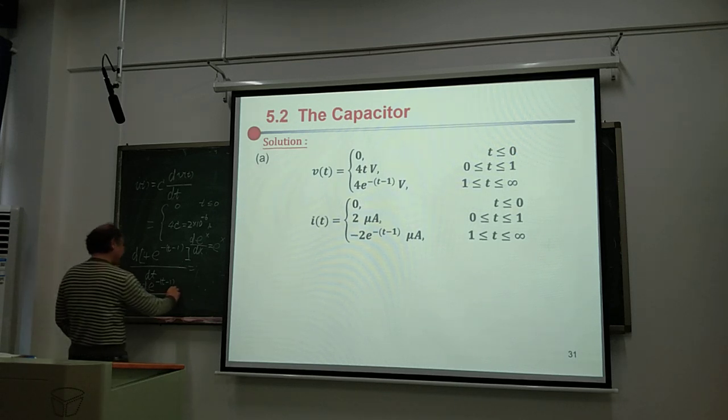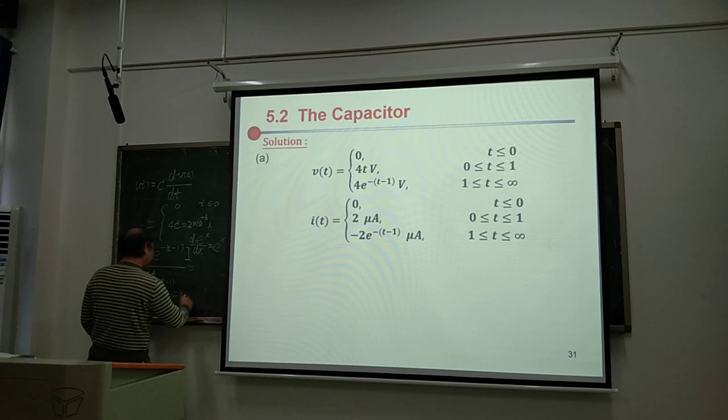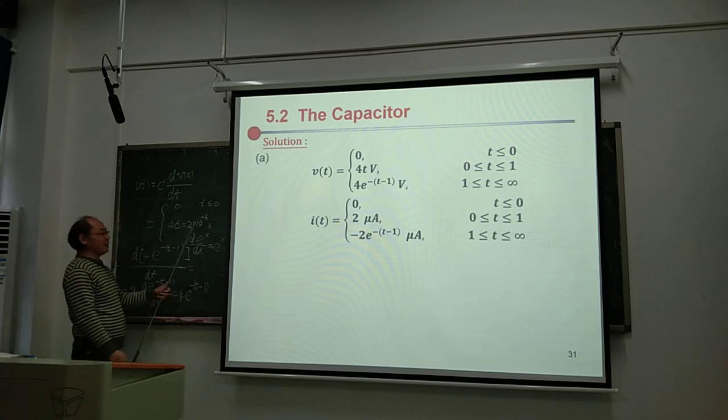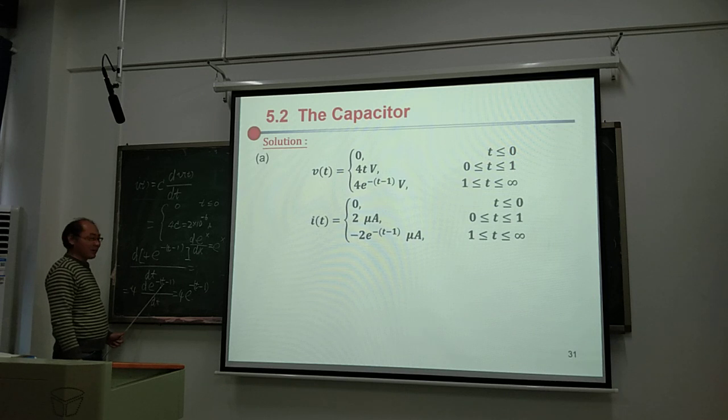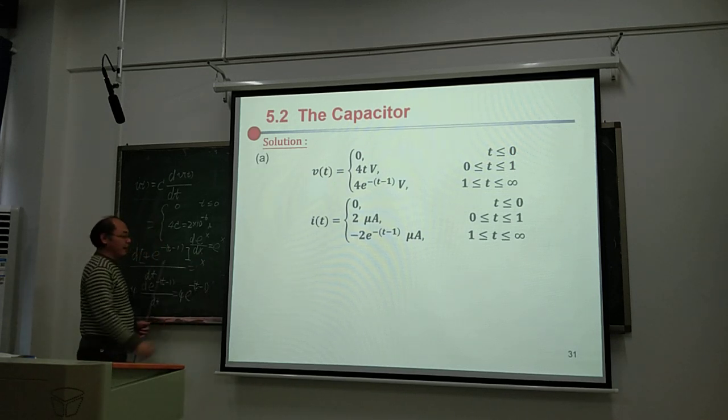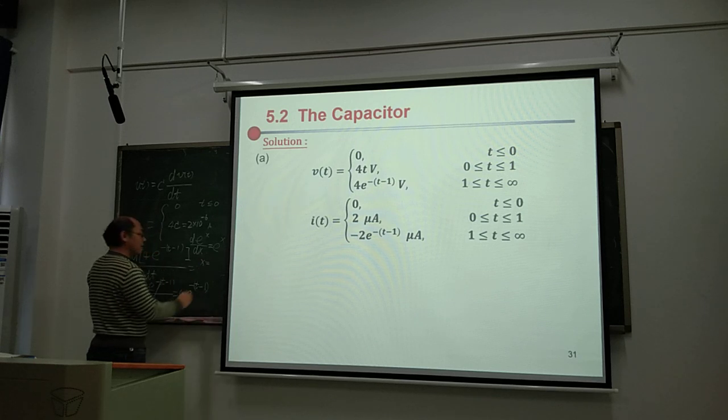So this is 4 times, but this is x, not t. So how is x?